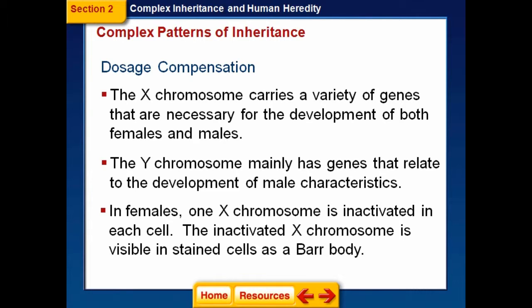The X chromosome carries a variety of genes that are necessary for the development of both males and females. However, the Y chromosome mainly has genes that relate to the development of male characteristics. In females, one X chromosome is inactivated in each cell. The inactivated X chromosome is visible in stained cells as something called a Barr body.